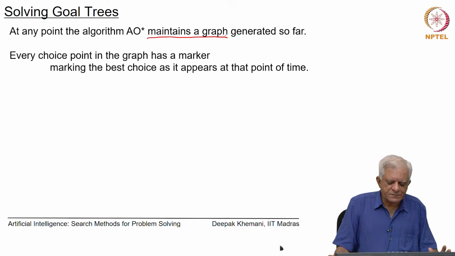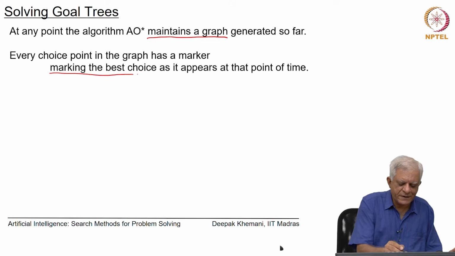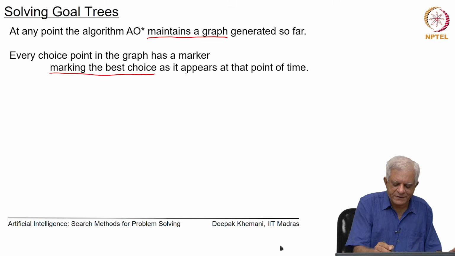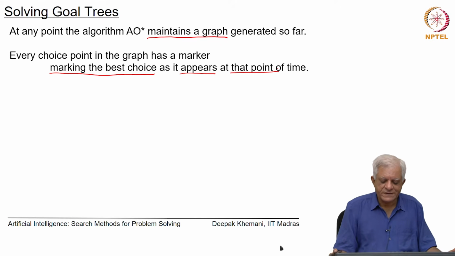So, this is one thing where it is different from the other approaches. Every choice point in this graph, remember that we have these hyper edges or hyper arcs coming out of nodes, has a marker which tells you that, as far as the analysis that you have done so far, what is the best choice, marking the best choice as it appears at that point of time.